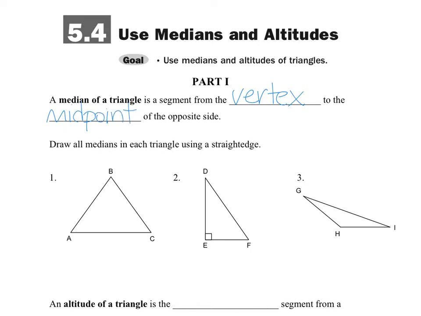So if we would draw the medians for this type of triangle, which is an acute triangle, and then in a right triangle, and then an obtuse triangle.